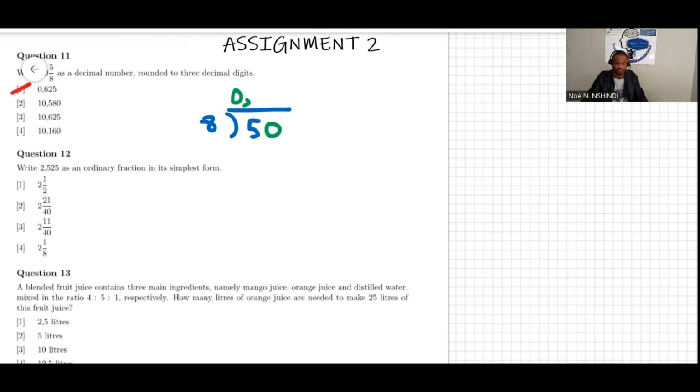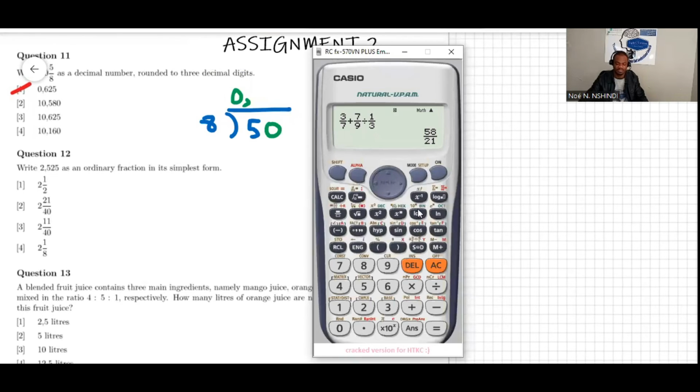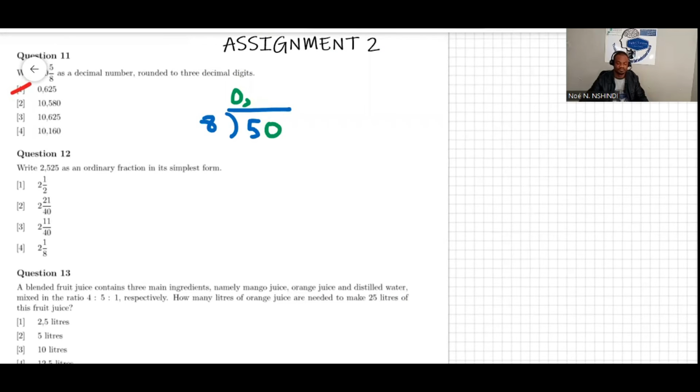Now 8 can get into 50. How many times? 8 gets into 50 like 6 times. Okay, you can check in the calculator, 50 divided by 8, it's going to be 6 something, 6.25. Okay, so it gets into 50 6 times, and I write 6 over there.